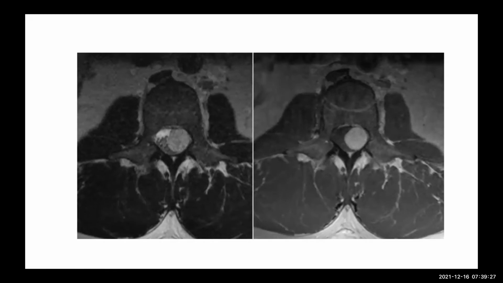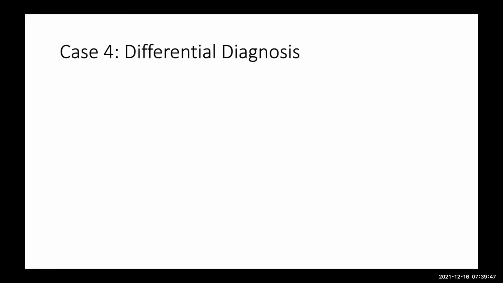So differential. For something like this, intradural extramedullary, this has an appearance possibly of a meningioma. Need to rule out, could also be a nerve sheath tumor as well, although there's no expansion into the foramen. Chordoma, neurofibroma, and metastases as well could be an option. Perfect.